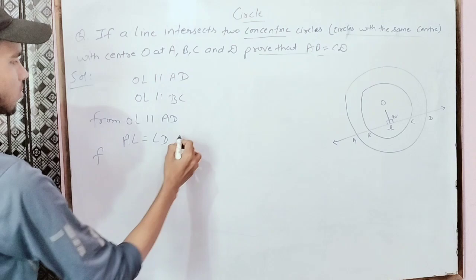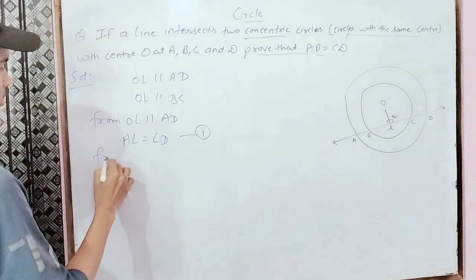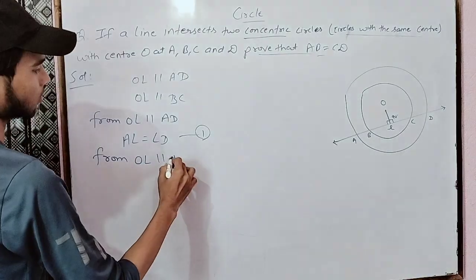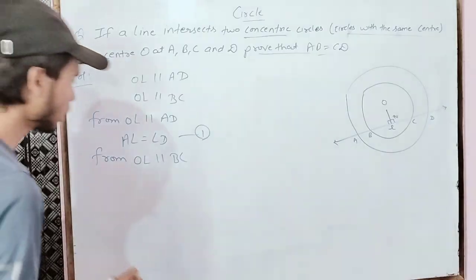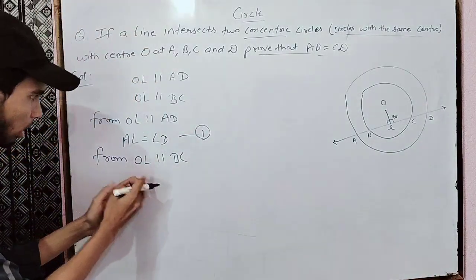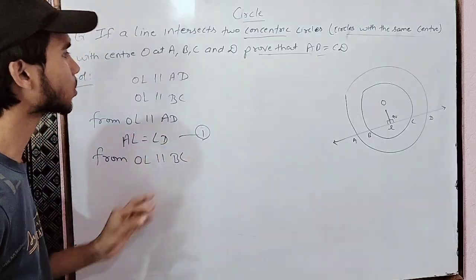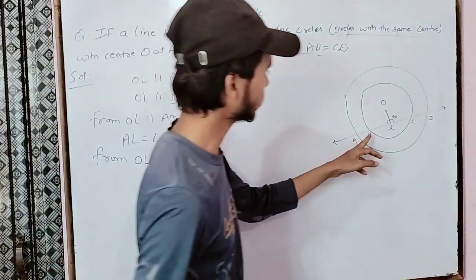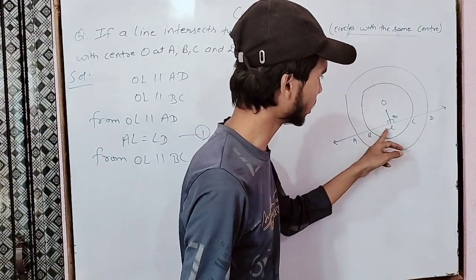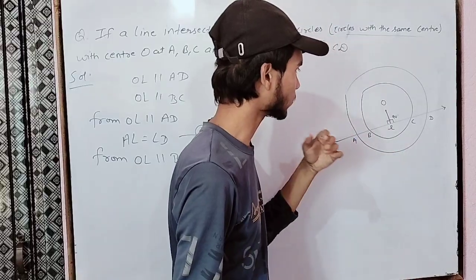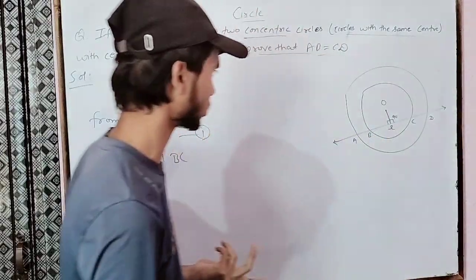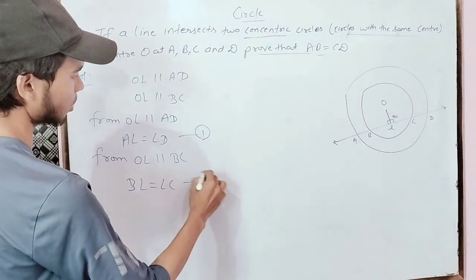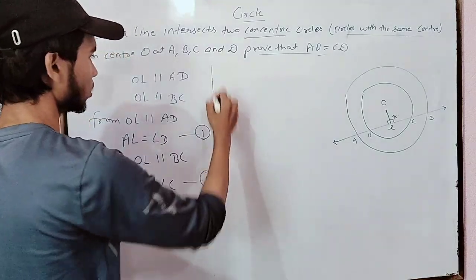This is the first equation. From the second perpendicular, BC, the meaning is that OL is bisecting the BC chord. If BL is, let's say, 4, then LC will be 4, the same. So BL equals LC. This is the second equation.